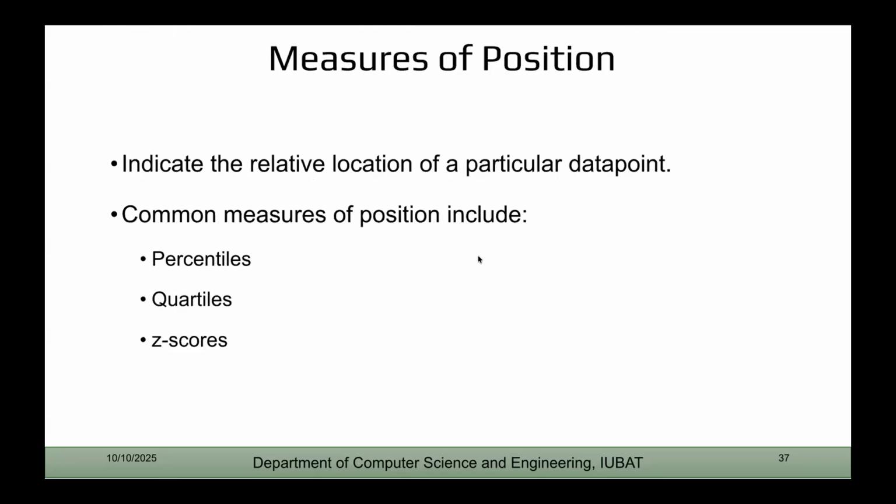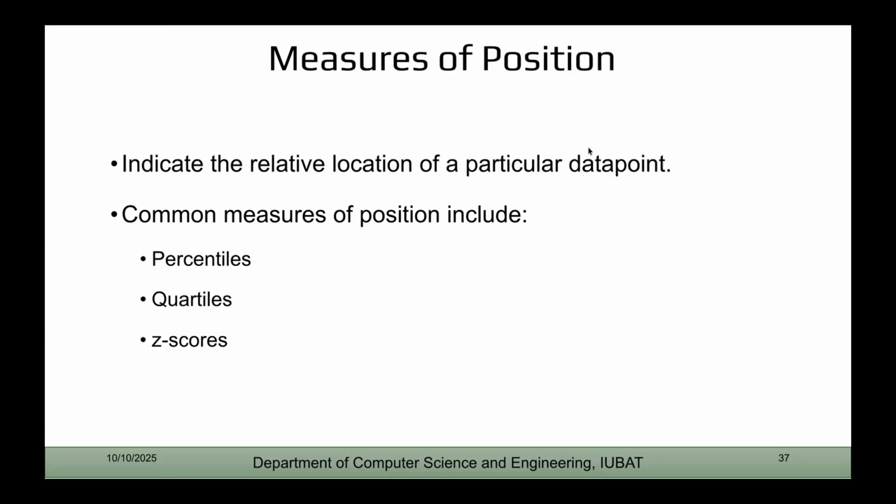Basically, this indicates the relative location of a particular data point. A particular data point is lying where: in the first 25%, or in the first 50%, or in the first 75%?